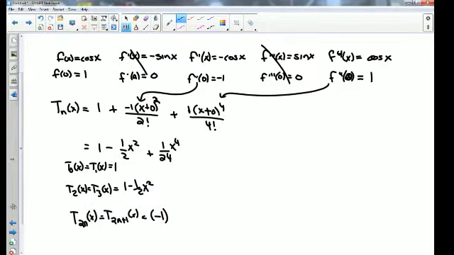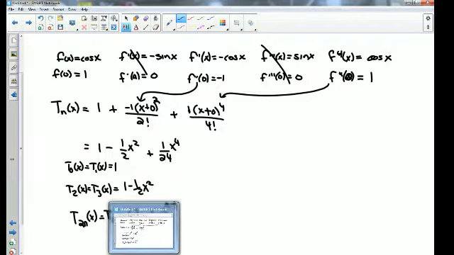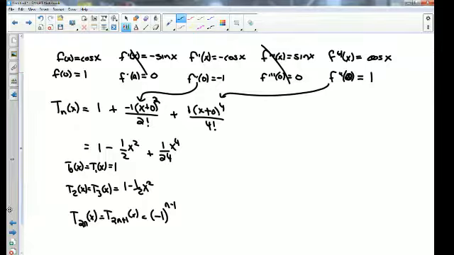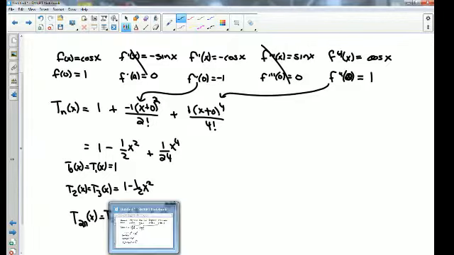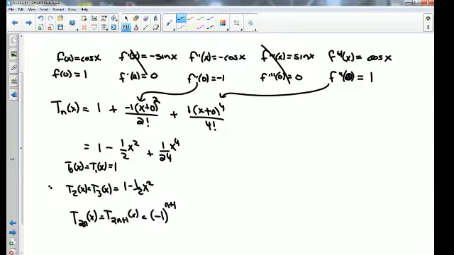Is it to the n? Nope, we can do n minus 1. Or is it n plus 1? If I plug in 2, yep.